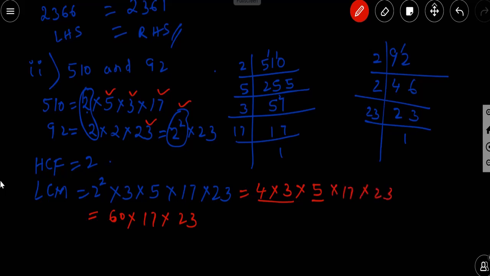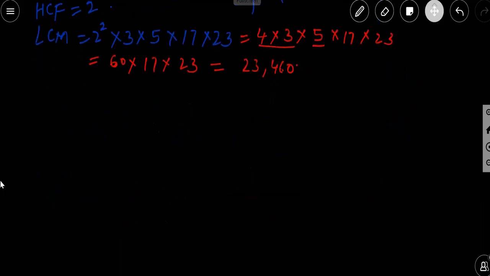Now if you multiply these numbers, how much are you going to get? You are going to get 23,460. Okay, now what you have to calculate is LCM into HCF is equal to the product of two numbers.